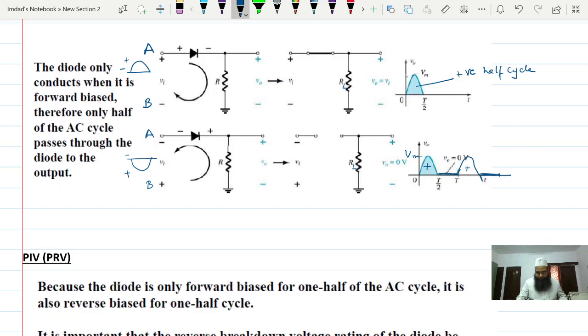This is for one cycle T, and this is the second cycle, 2T. So we will get this type of rectified output.